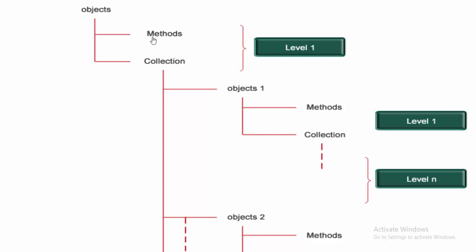Email ID is a method. GST number is a method. Contact is a method. Fax number is a method. These are all called methods. So first we discuss this object and method, and later we talk about the collections.